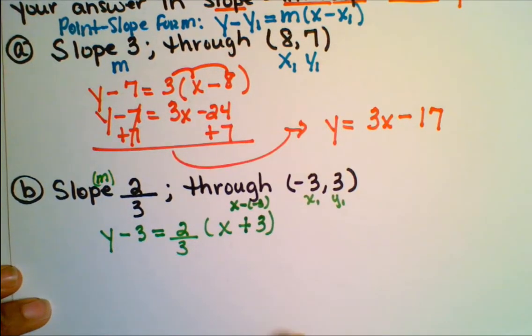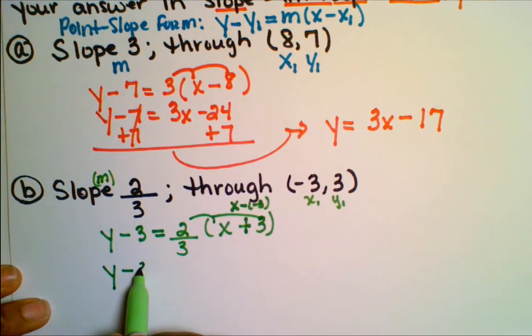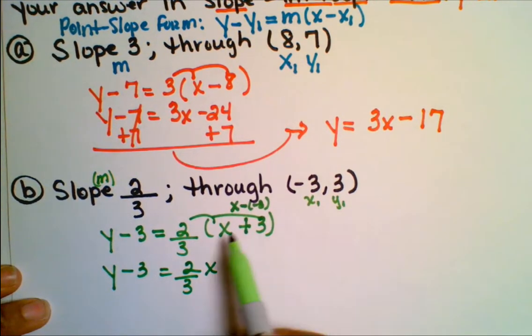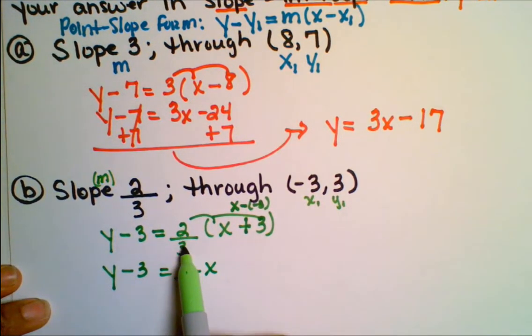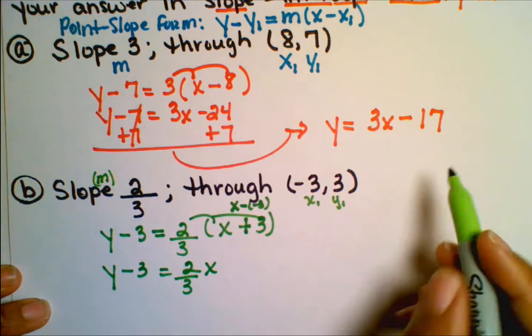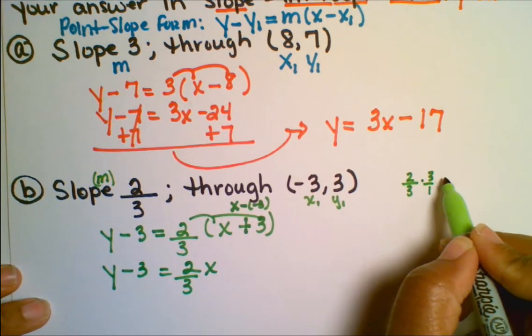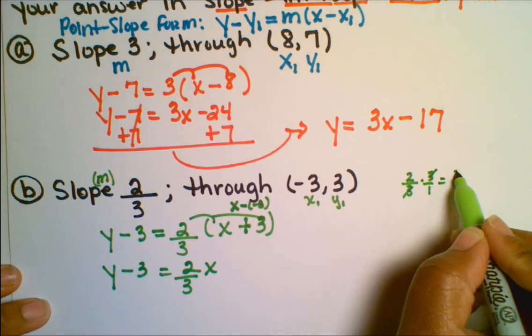Let's distribute the 2/3. So we have y minus 3 is equal to 2/3 x plus, what will happen when you multiply 2/3 to this 3? So we're saying 2/3 times 3 over 1. The 3s are going to divide out. So we have 2 over 1.